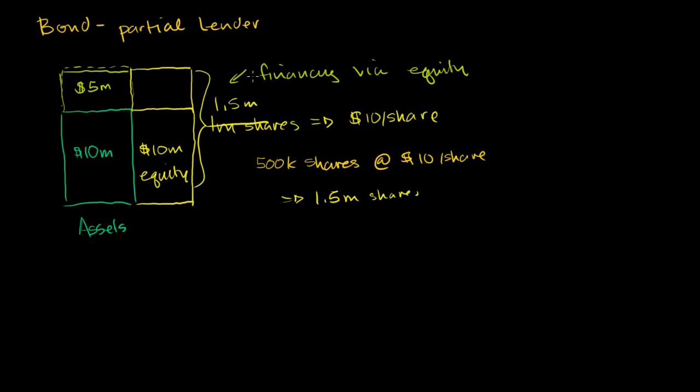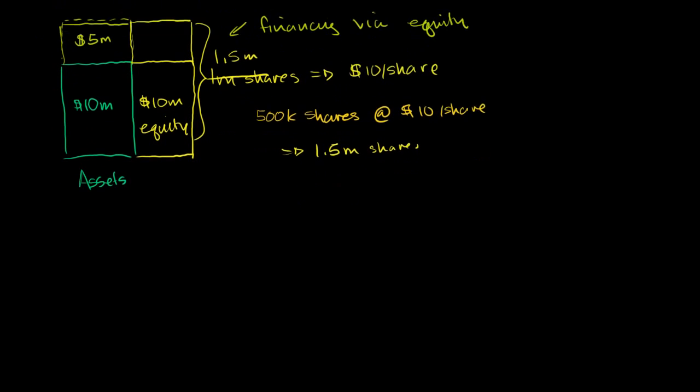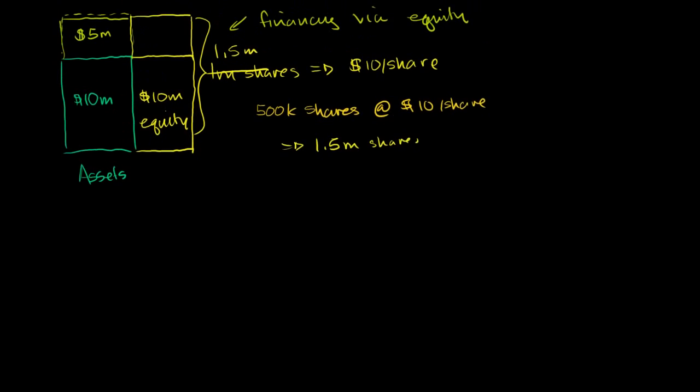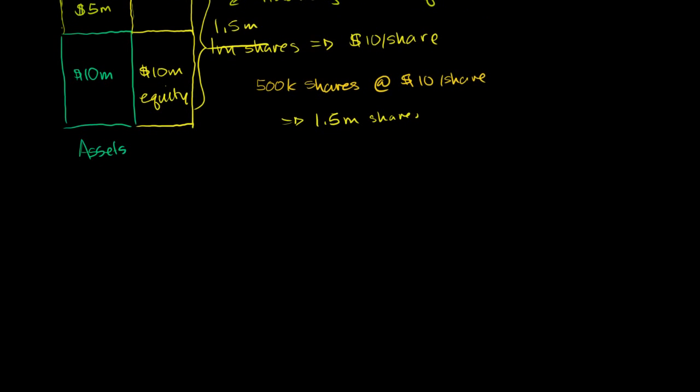Now, the other way to do it is to borrow the money. So let me redraw this company. I'll leave this up here just so we can compare the two. So once again, we have $10 million of assets and $10 million of equity to start off with.